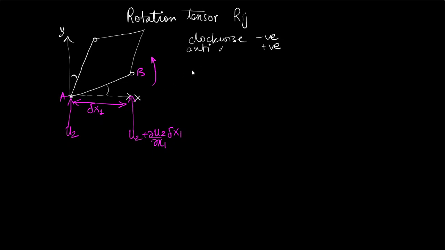So if I look at the rotation rate, it is d beta dt, and this is going to be equal to del u2 del x1, and the presence of a gradient in the y direction of the u velocity, that is u1 velocity, gives rise to a rotation of this particular face, that is AC, in the clockwise direction.